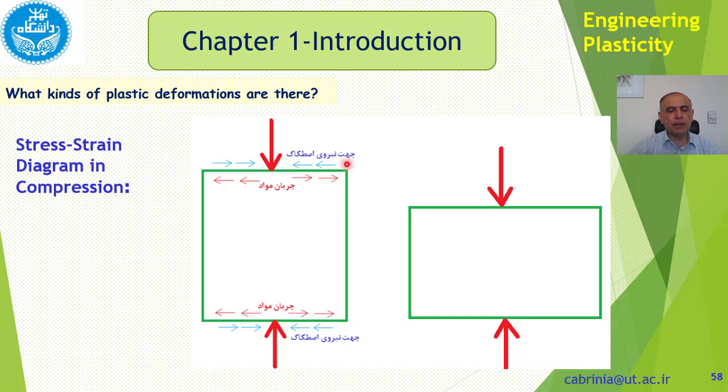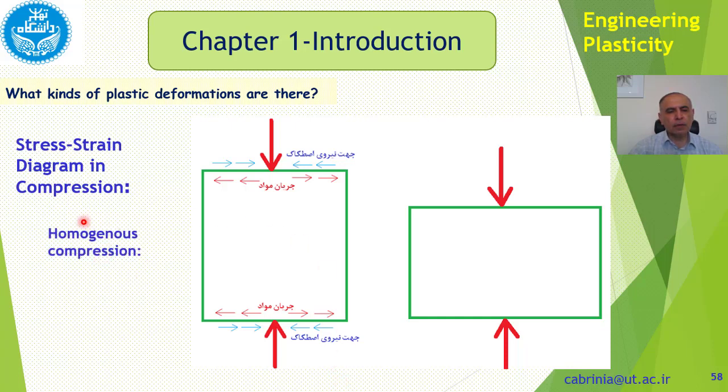If we lubricate this surface, obviously frictional forces are reduced. If we do not lubricate, we will have high frictional forces. So how much we lubricate is an important factor in this metal forming process.